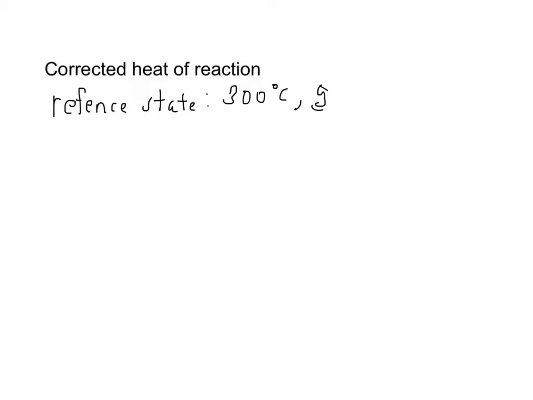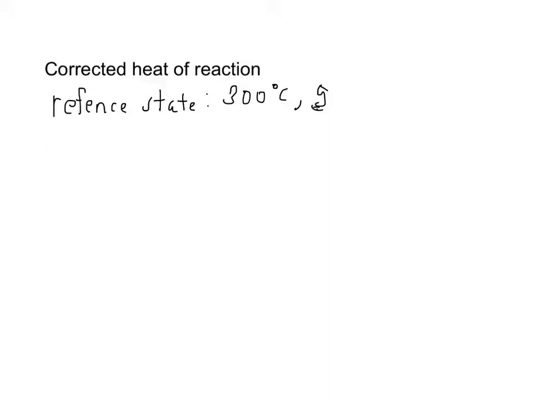Now that means that all the enthalpies of the products are going to be zero. This also means that all the enthalpies of the reactants are going to be negative, but that's okay, it doesn't matter. But I do need to correct the heat of reaction to be at 300 degrees C instead of 25 degrees C.